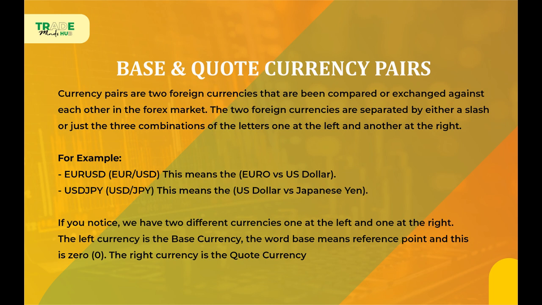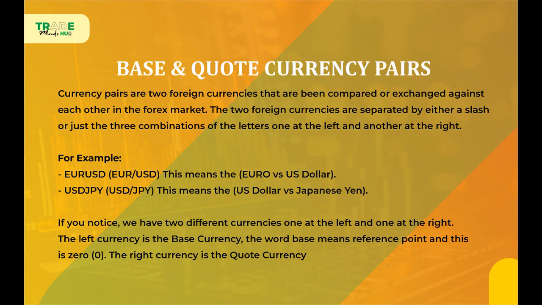So for instance, the euro can be compared with any of those eight currencies I listed. If you take out the euro, it will be doing business with either of the other seven currencies that are listed. If you take out USD, it means USD might be doing business with either of the seven other currencies I listed, because those are the eight we focus on in Forex to trade.